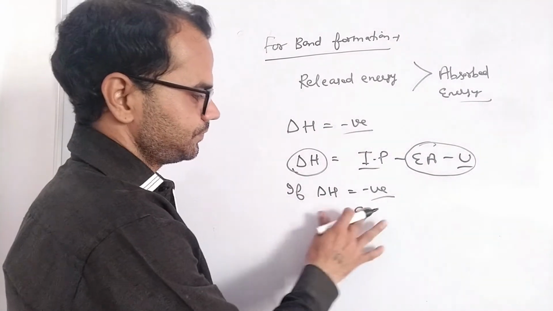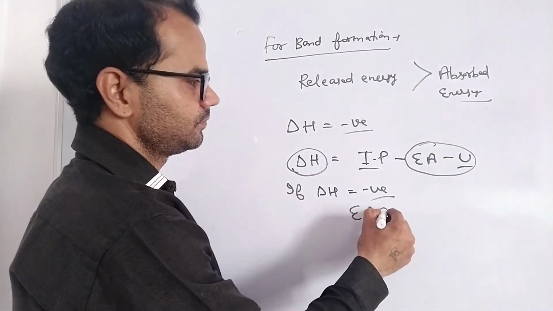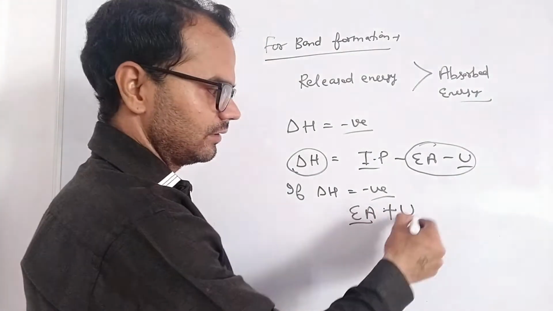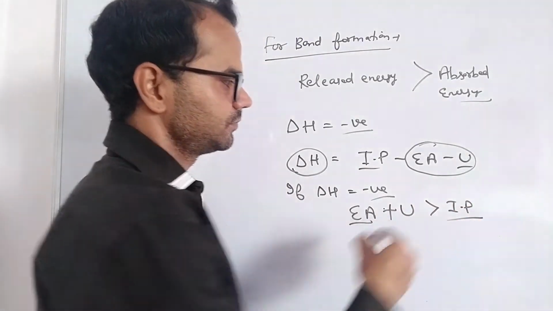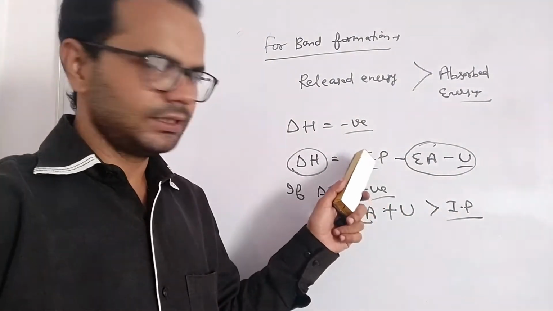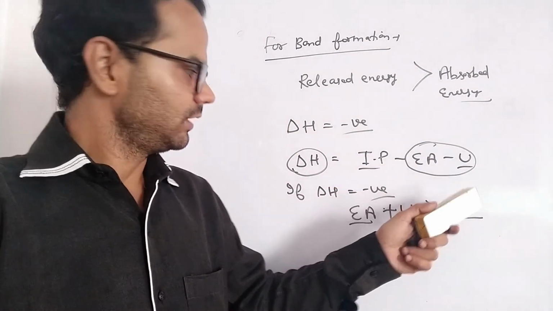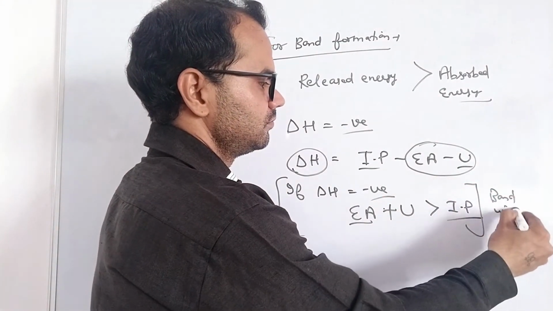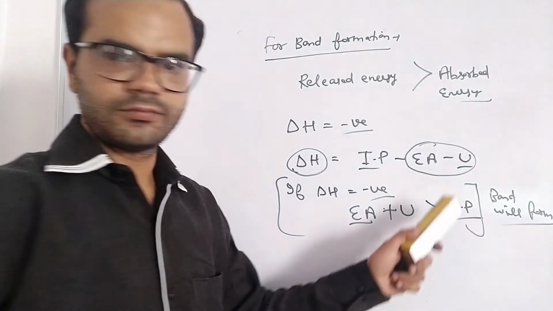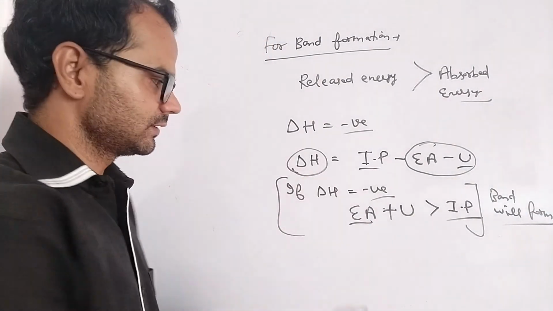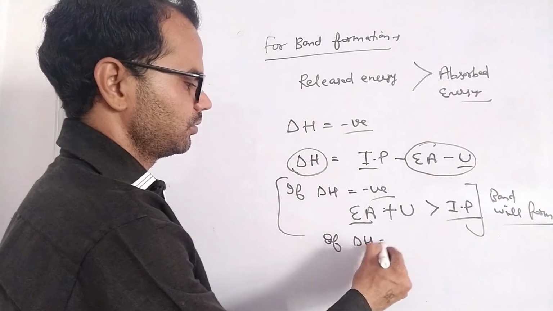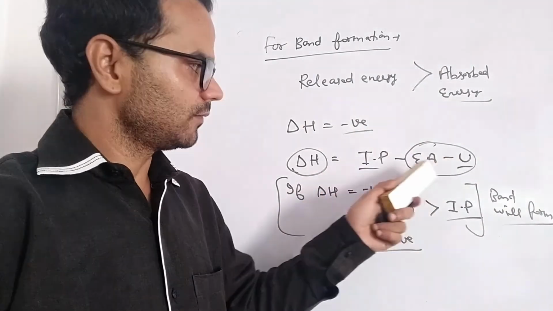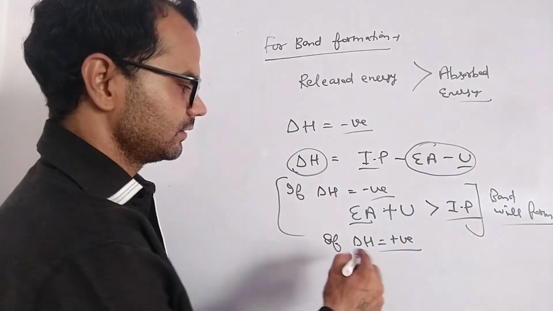So the sum of electron affinity energy plus lattice energy must be greater than ionization energy or ionization potential. In this condition, bond will form. But if we do the reverse, if delta H is positive, it means ionization potential is more than the sum of lattice energy and electron affinity.